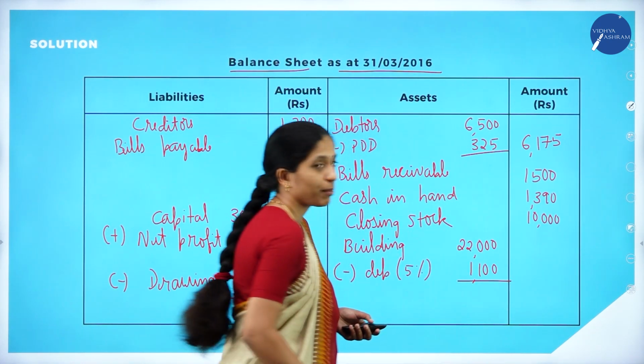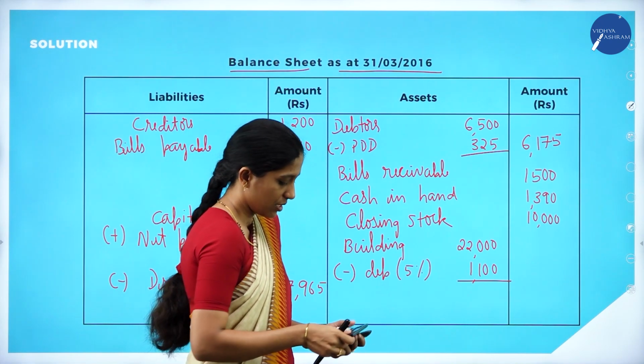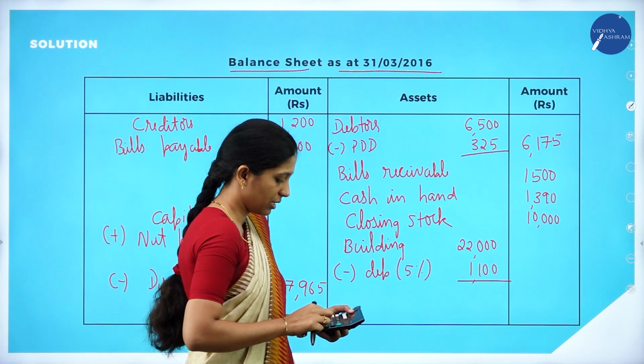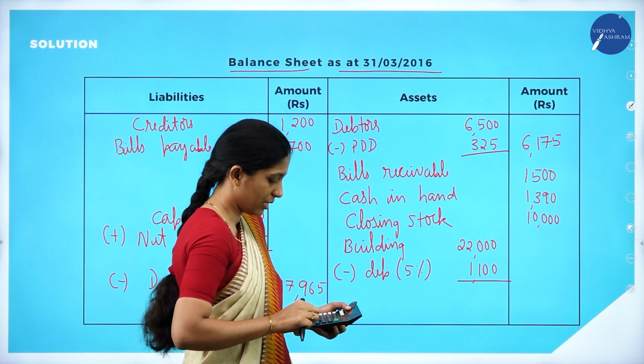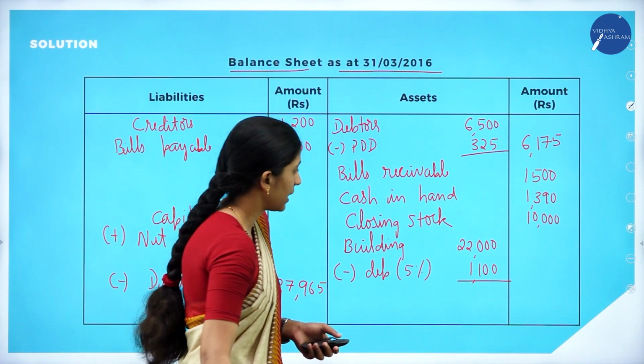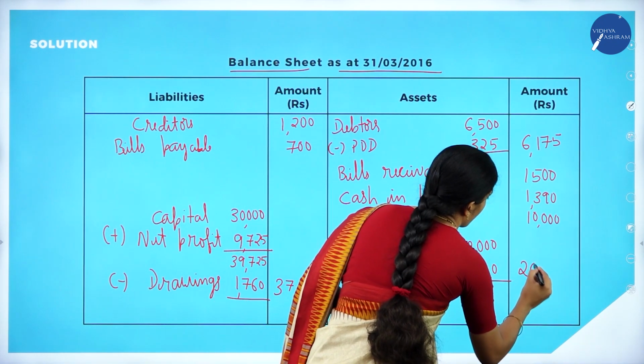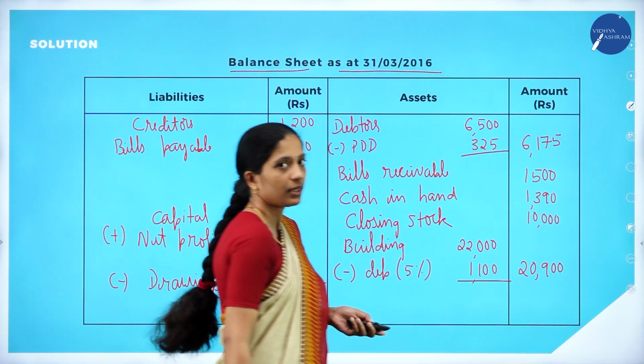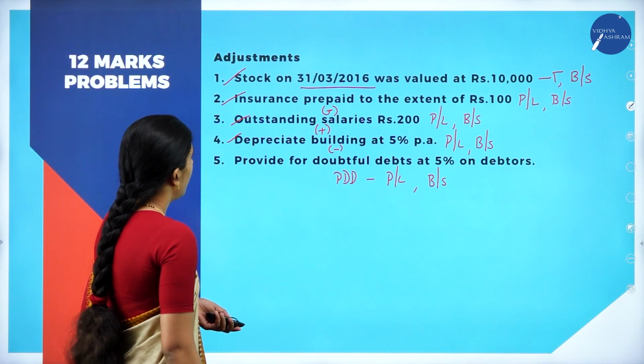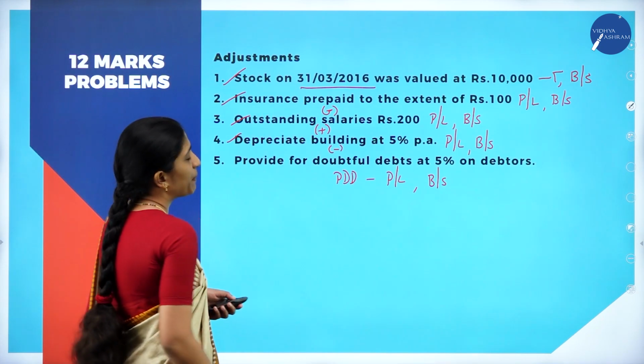So 22,000 minus 1,100, we'll get 20,900.